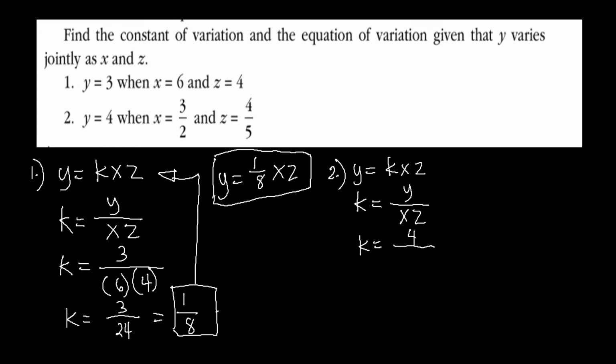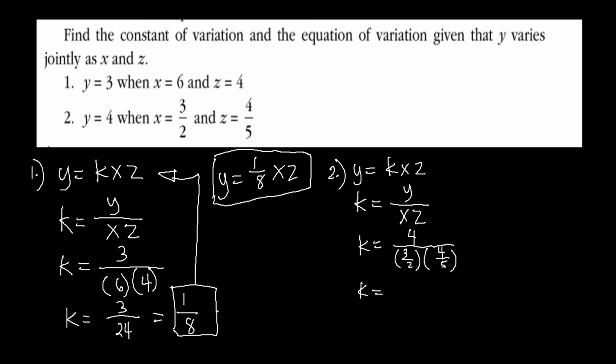And we have the value of x, which is 3 over 2. And we have the value of z of 4 over 5. Okay, so let's simplify further.